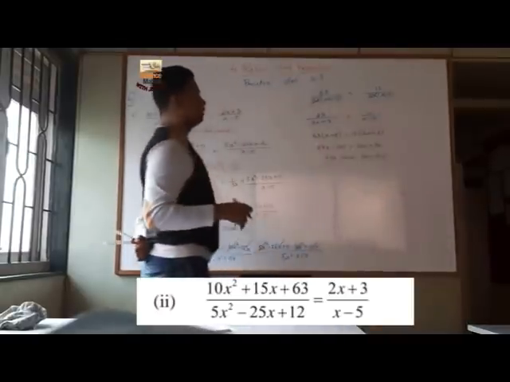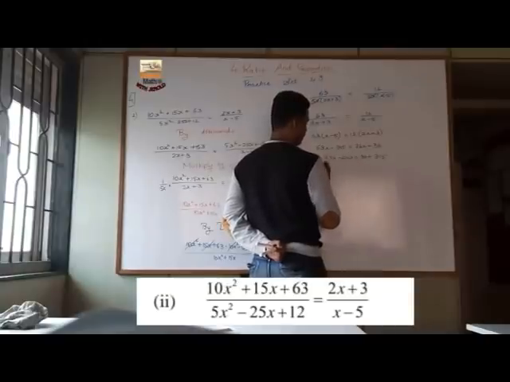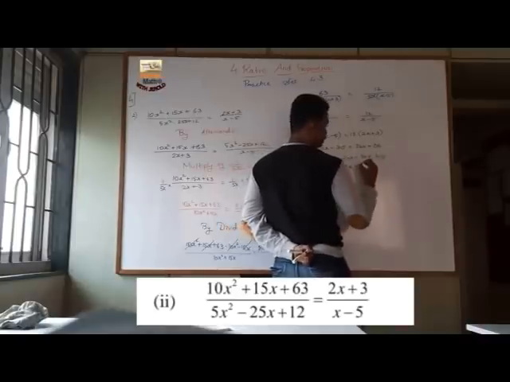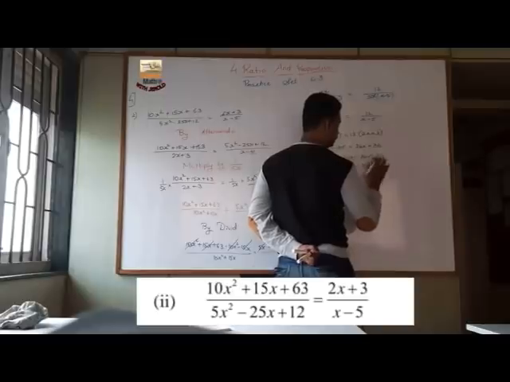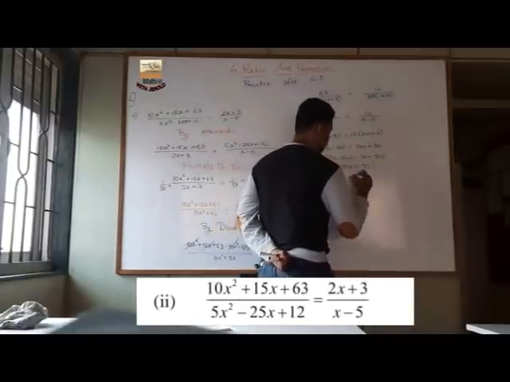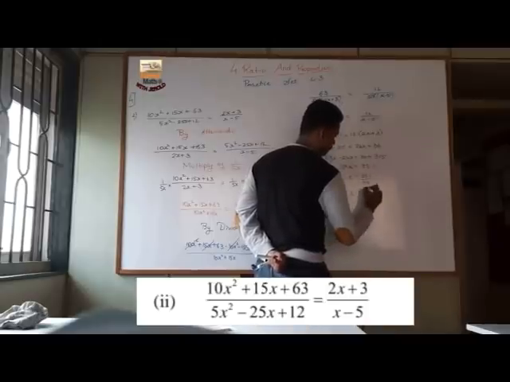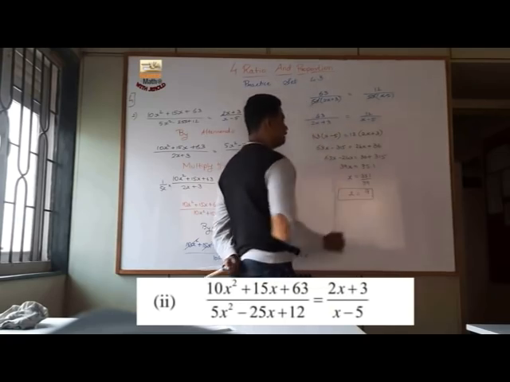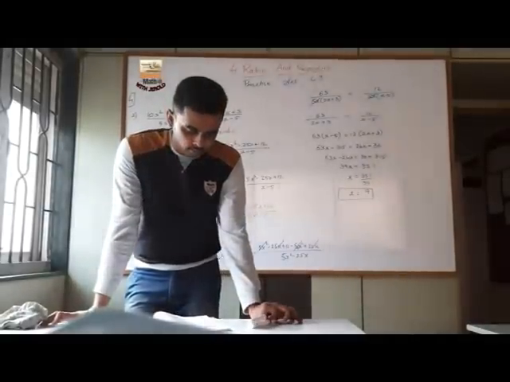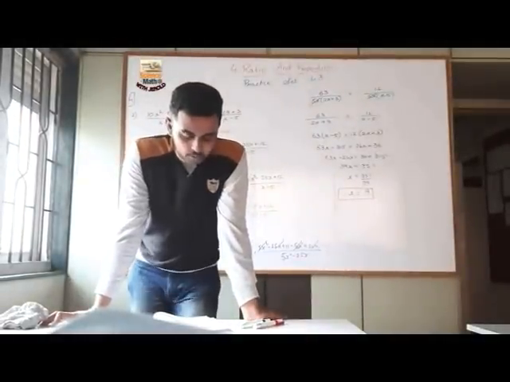So subtracting these two, I get 39x is equal to, and adding these two, I will get 351. x is equal to 351 divided by 39. x is equal to 9, since 39 nines are 351. With this, I got the answer for question number 4's second sub question. Now, time for the third.